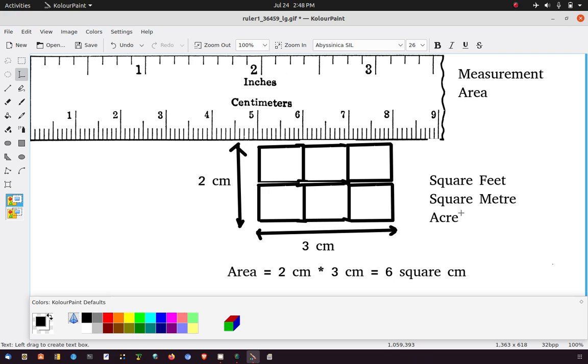So a half acre is more than 20,000 square feet. Alright? But you can look up the exact figures if you really want to. You do have some unit converters which you can download and install and convert from one unit of area to another. Not just area, but lengths and other units as well.